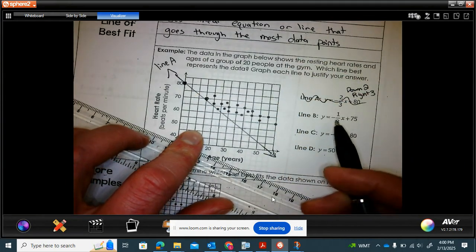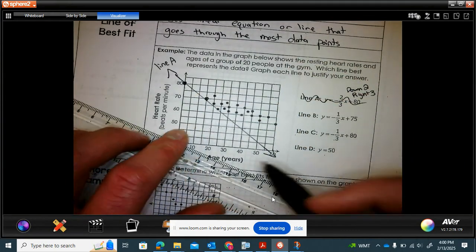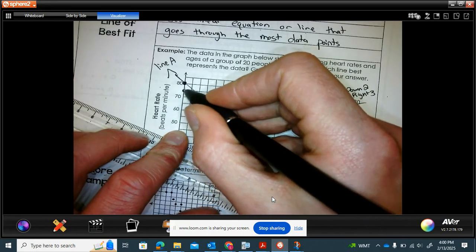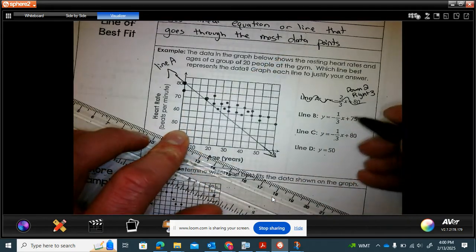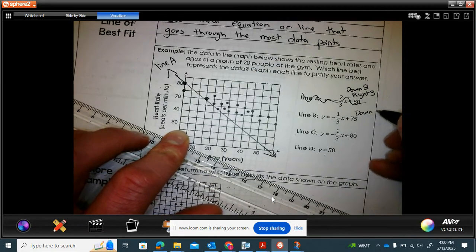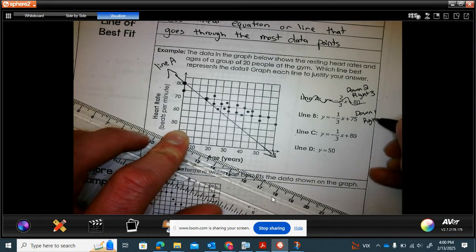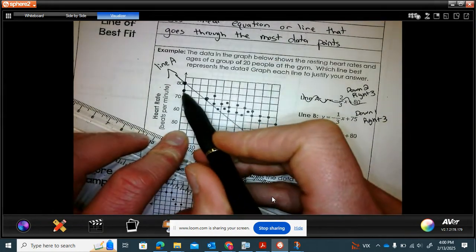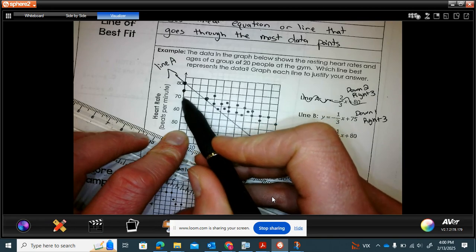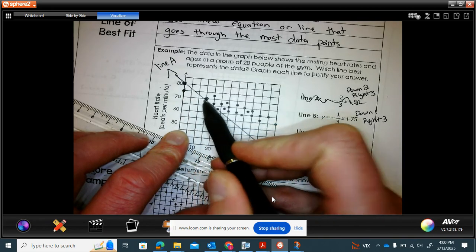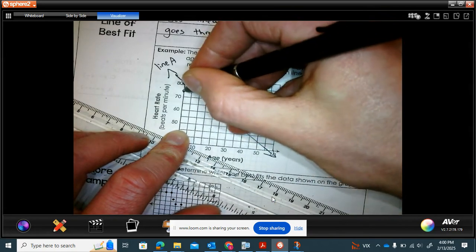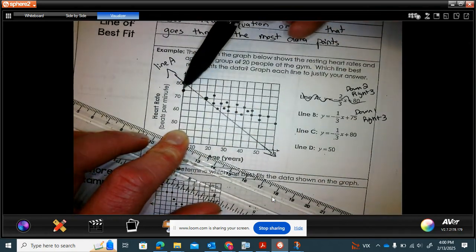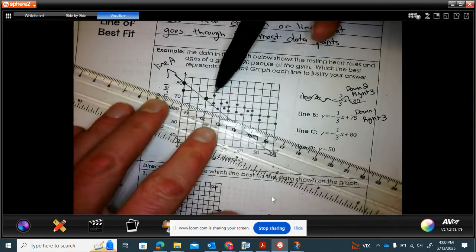So let's look at line B. The y-intercept is 75, so it's halfway up. And then the slope is negative 1/3, which means you go down 1, right 3. So if you go down 1, right 3, 1, 2, 3, it would be connecting this point and this point.